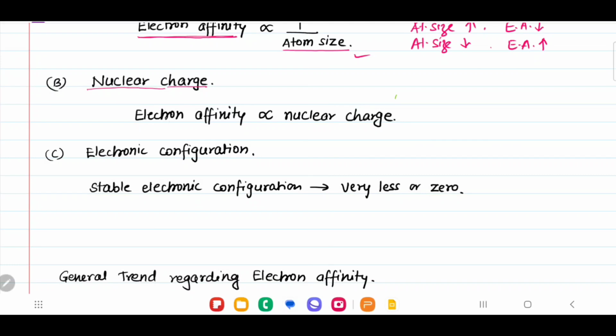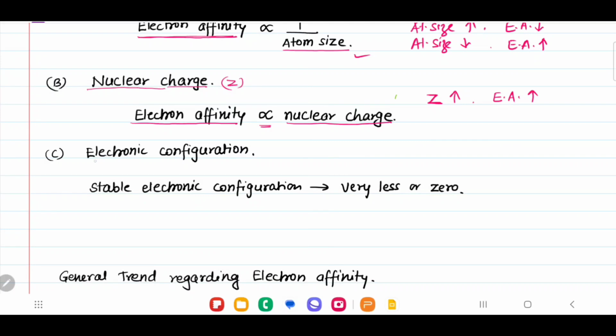In this case we can say that electron affinity is directly proportional to the nuclear charge. That means if Z is high, if the number of protons is high, the electron affinity will be high.